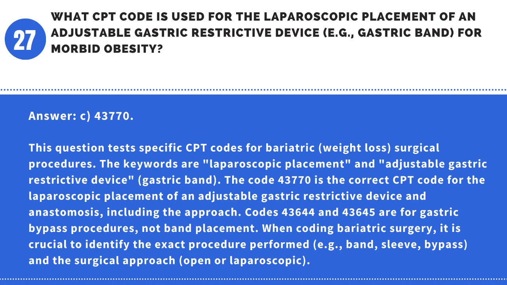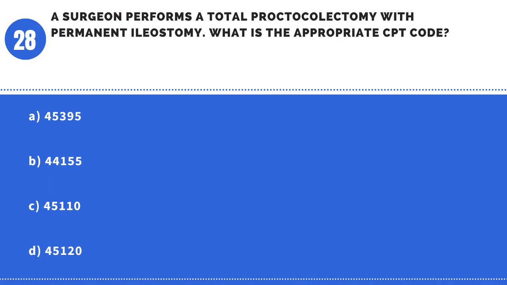Codes 43644 and 43645 are for gastric bypass procedures, not band placement. When coding bariatric surgery, it is crucial to identify the exact procedure performed, e.g., band, sleeve, bypass, and the surgical approach, open or laparoscopy.